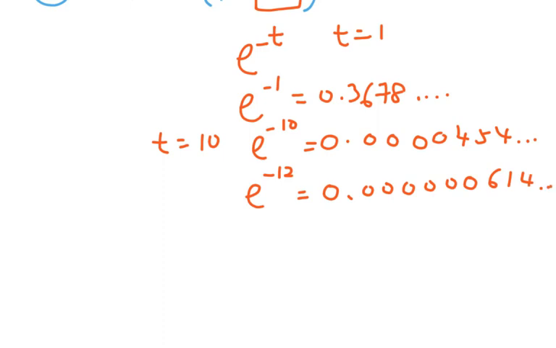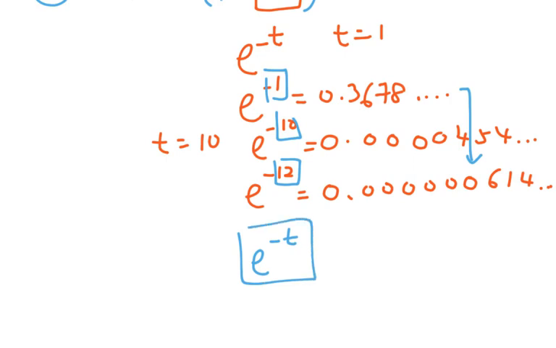Okay, as you can see, when the t value is becoming bigger and bigger from 1 to 12, the values of e actually get smaller. That means exponential of negative t is getting smaller and smaller, and hence it will be approaching 0.